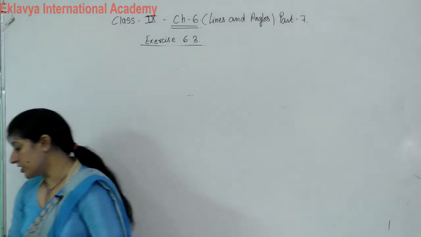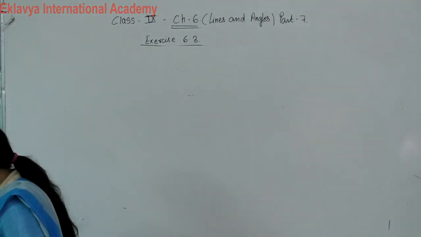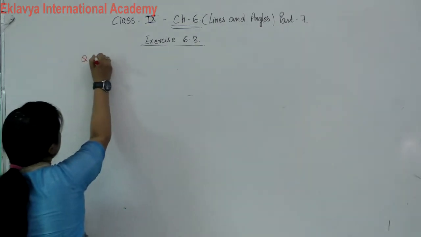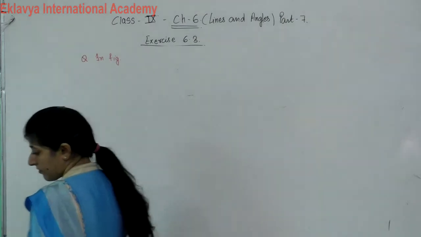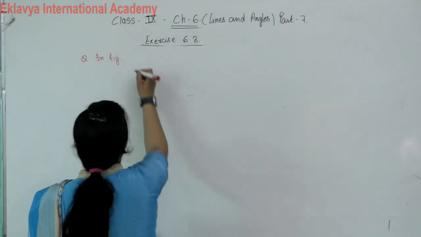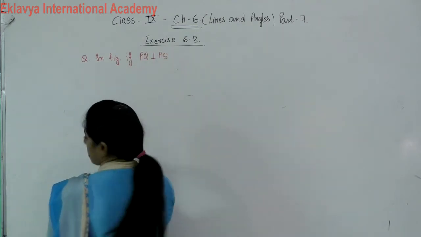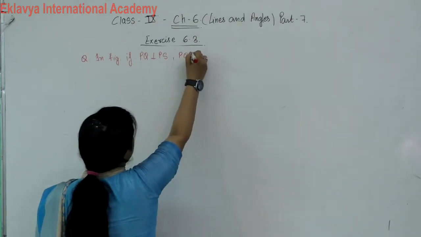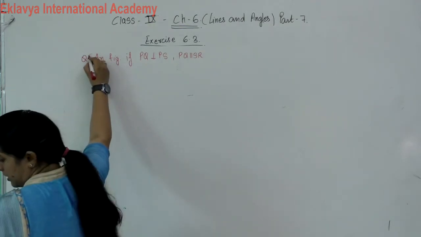We take any question. In the figure, PQ is perpendicular to PS, and PQ is parallel to SR. This is question number 5.